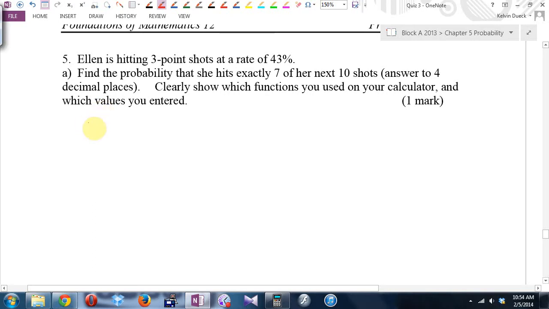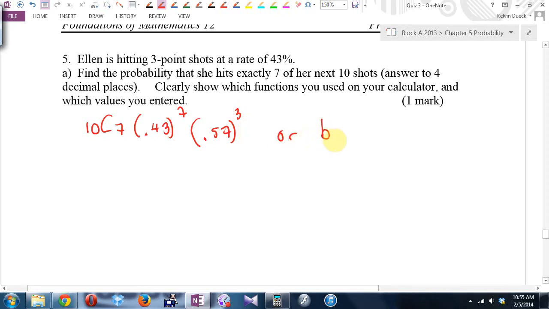You can either do it the long way. From 10, choose 7. 43%, 7 makes. What's the complement of 43%? 0.57, and she'll miss 3.